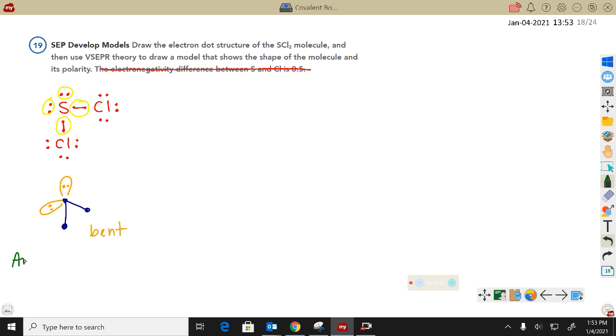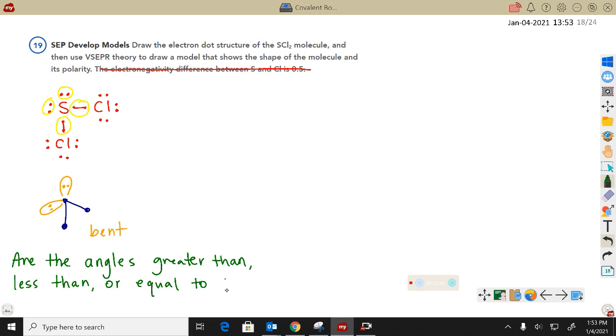Are the angles greater than, less than, or equal to 180? What if the question just said that? Are they greater than, less than, or equal to 180?